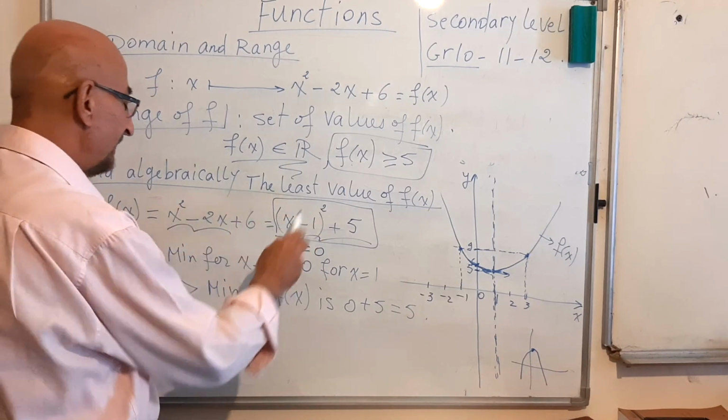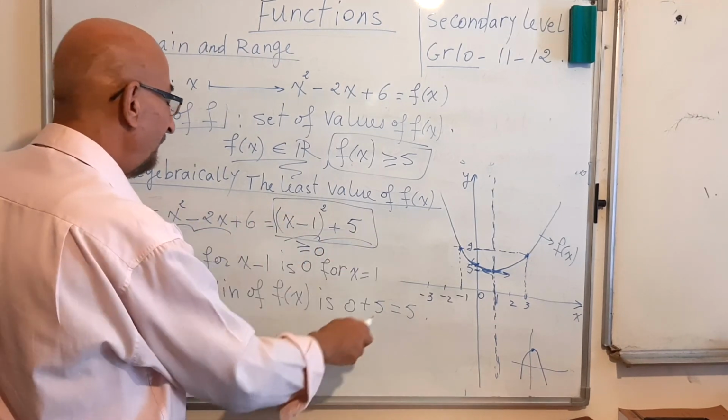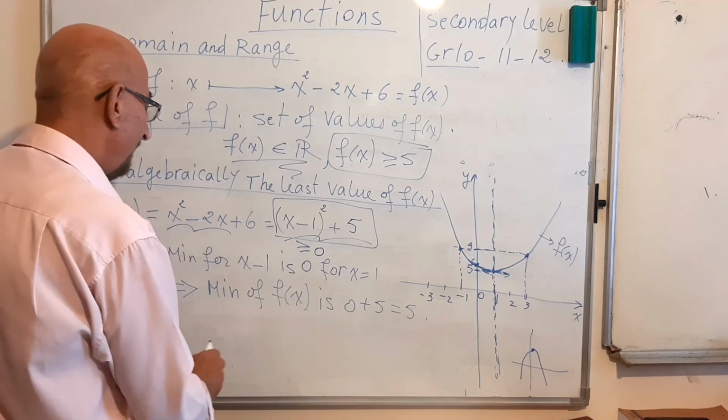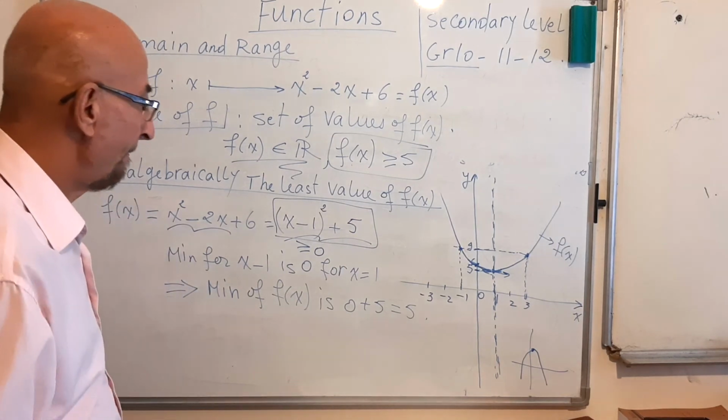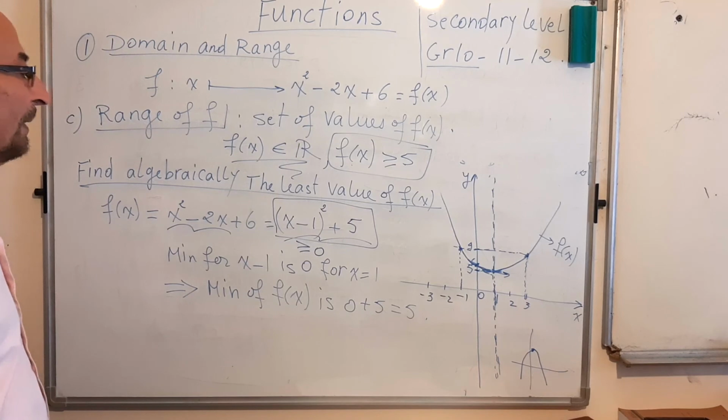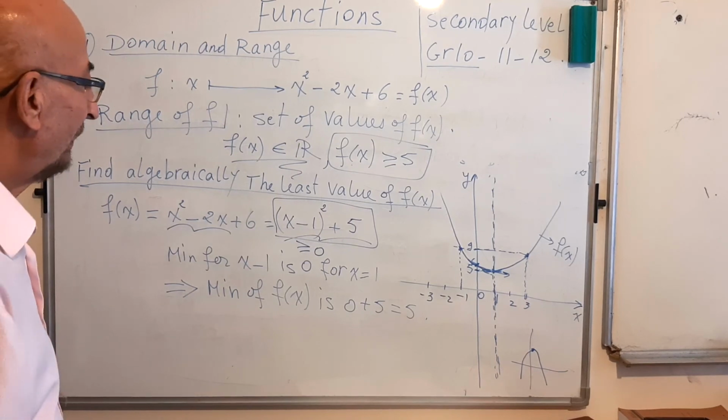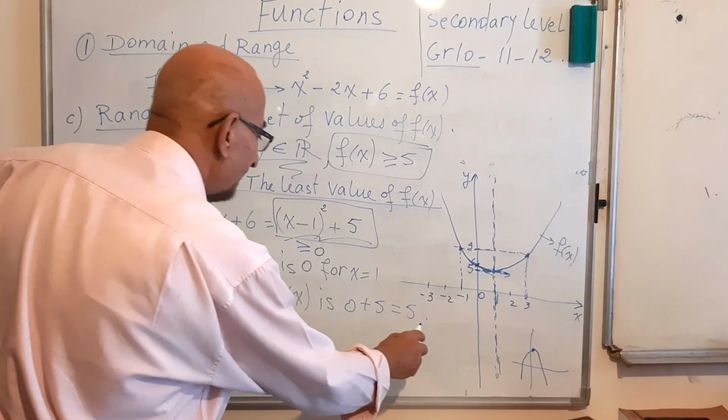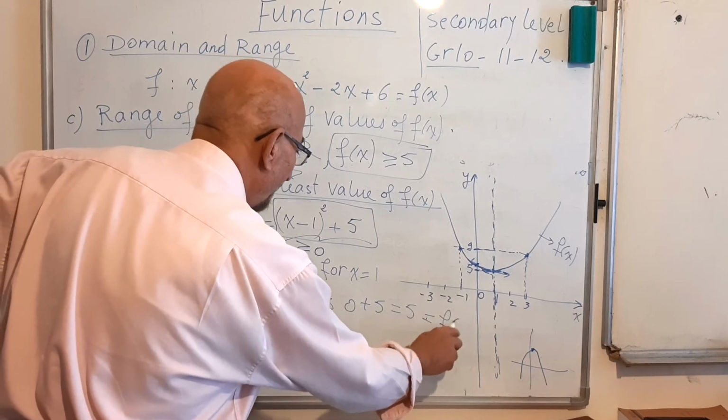So the least value of f of x is 5, which is f of 1.